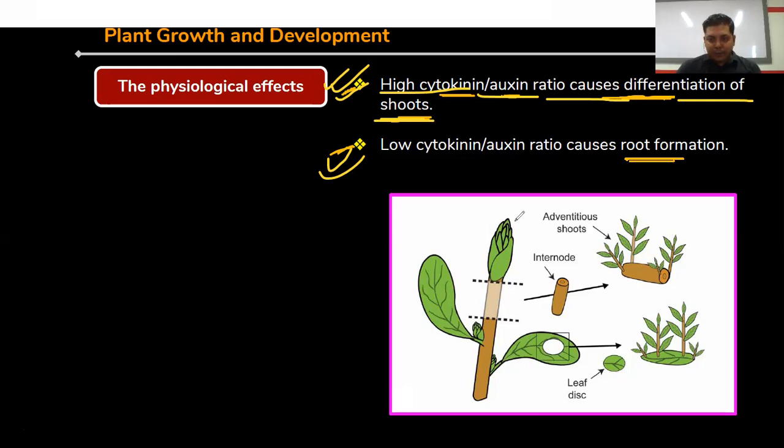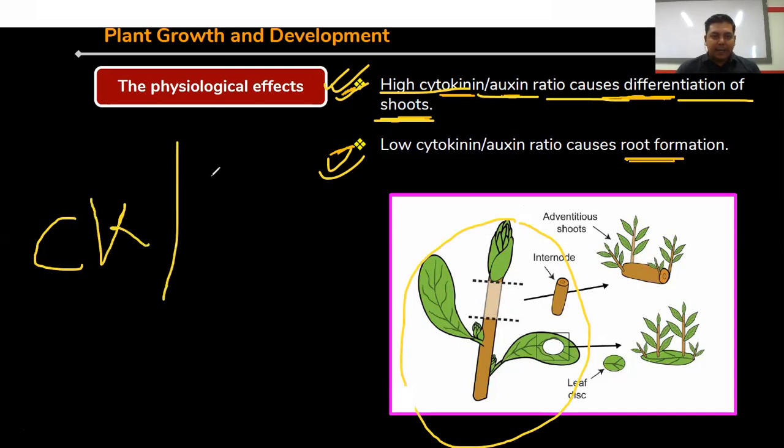Clear? Suppose these are the plant parts, and they are being cultured in a biological laboratory. So we are making a ratio, or mixture, of cytokinin and auxin.